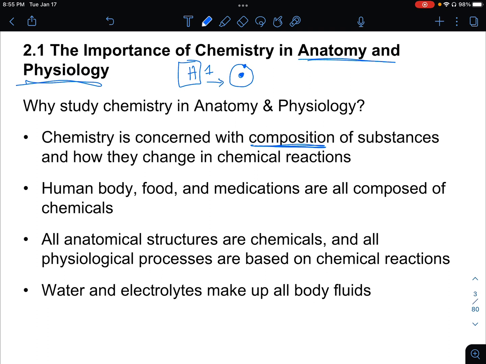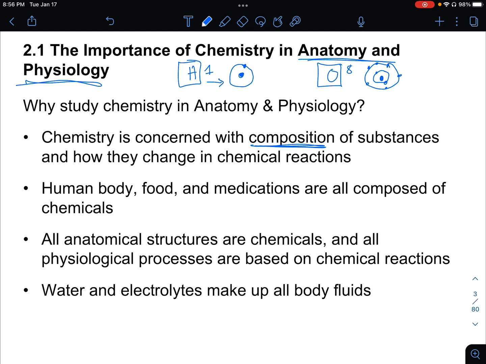But if we look at oxygen, oxygen has an atomic number of 8. So we're going to have that nucleus in the middle, and an inner ring with 2 electrons, and then an outer ring with 6. Sorry, I told you I can't math.